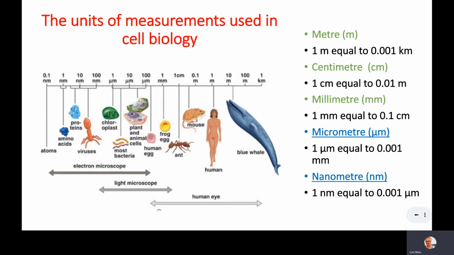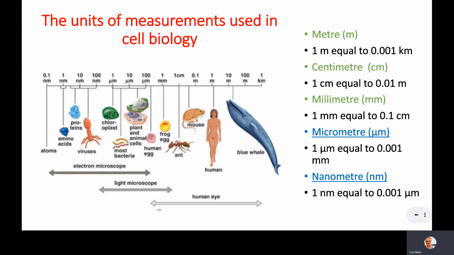And when we start looking into that area, we look at perhaps 100 micrometers, about the same size as human cells. But when we start moving into really small organelles, like the chloroplast, we can start using a unit of measurement called the nanometer, which is even smaller.